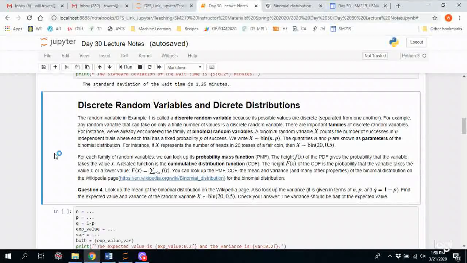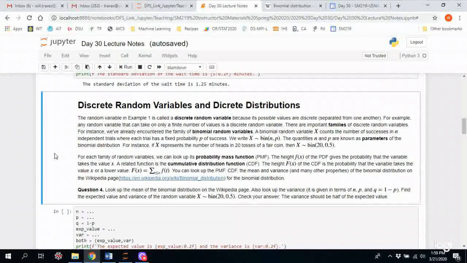And there's many different kinds of families, and they all have different names and different parameters, and you need to kind of understand all of them if you want to be an expert in probability, but we don't really expect you to be an expert in probability. Really, here we just expect you to have some passing familiarity with families of discrete random variables.